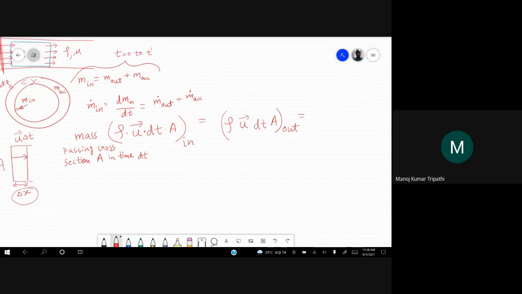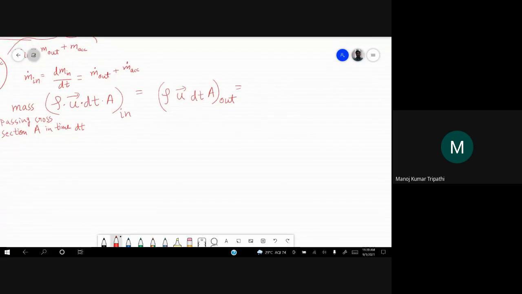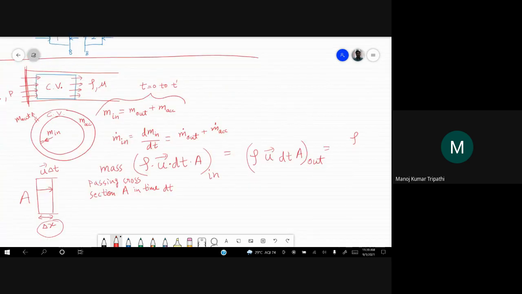And what is mass accumulated in the control volume? What is the mass of the control volume? Mass of the control volume is rho times the volume of the control volume, which is fixed. So that is very easy for us in this control volume analysis because the volume is fixed. What is the volume of this control volume?